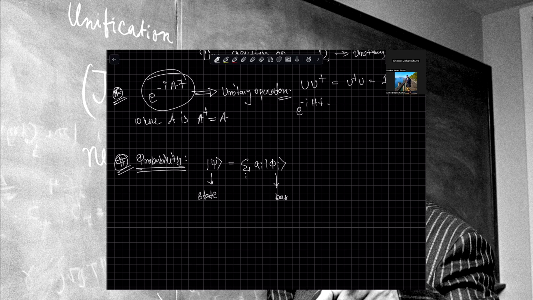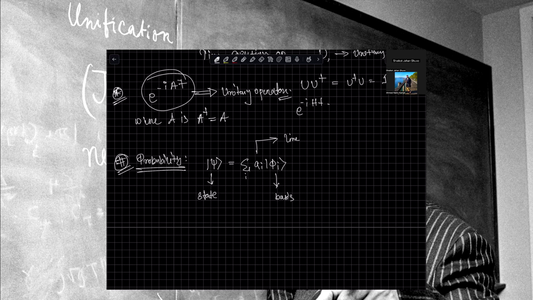So this is your basis. This is the whole thing, the state. And you already know this is known as a linear superposition, if you're only considering linear algebra, but in quantum mechanics, sometimes people even call it quantum superposition.